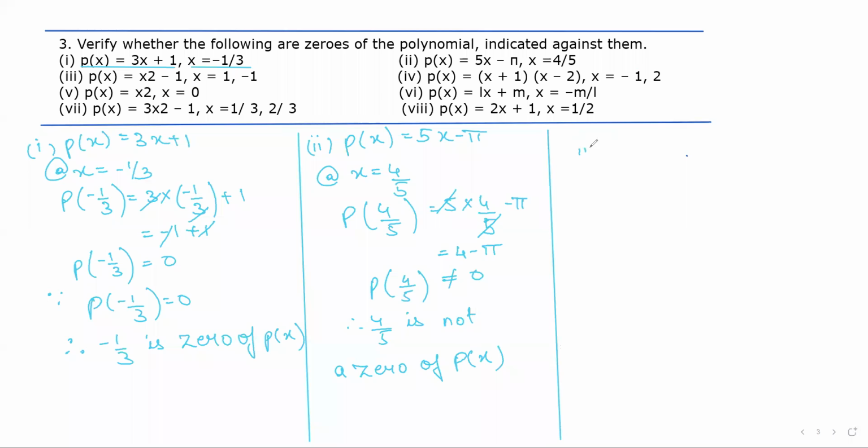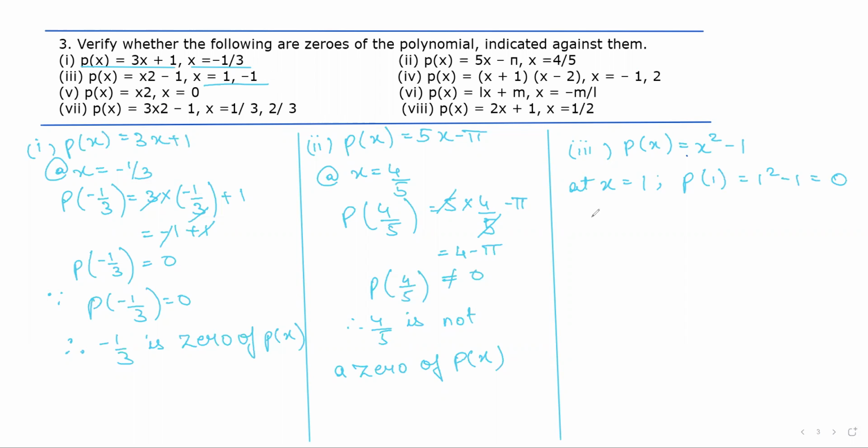Next, given P of x is equal to x square minus 1. If this is the case, then x equals 1. There are two values of x given over here: x equals 1 and x equals minus 1. You have to check for both the values. At x equals 1, P of 1 is equal to 1 square minus 1, which is equal to 0.